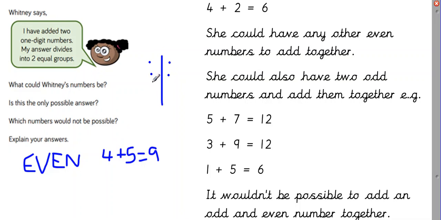Add my 5, which is 1, 2, 3, 4, 5. In this column, I have got 1, 2, 3, 4, 5. And in this column, I have got 1, 2, 3, 4. Okay, so that means that my answer would be odd. Okay, therefore it wouldn't divide into two equal groups.